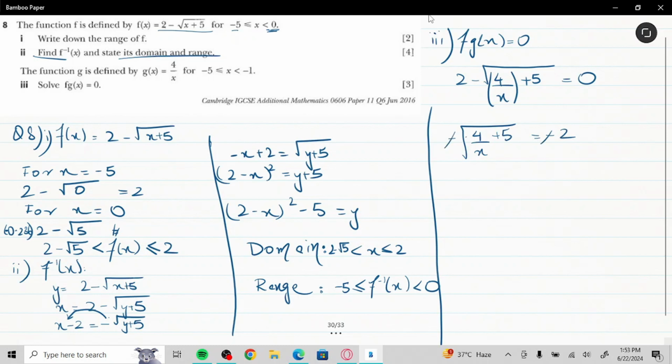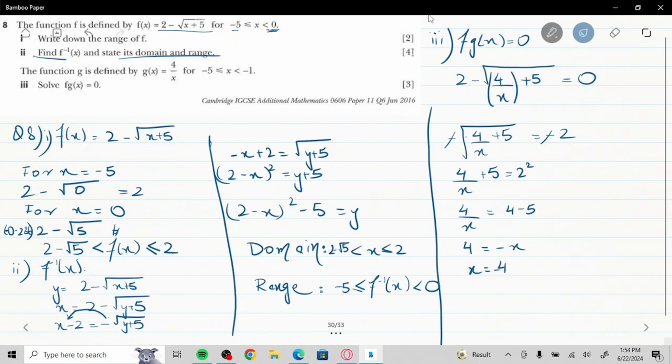Cut down these negative values. 4 upon x plus 5 equals 2 squared. And 4 upon x equals 4 minus 5. So 4 equals negative x, because 4 minus 5 is negative 1. So x equals negative 4. And that's our answer for question number 8, part 3.